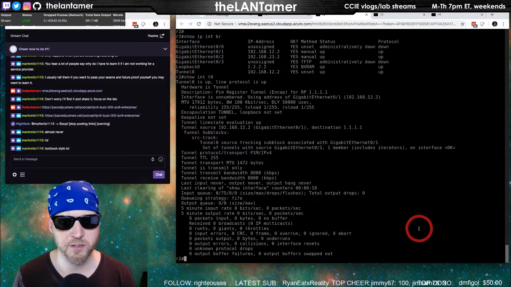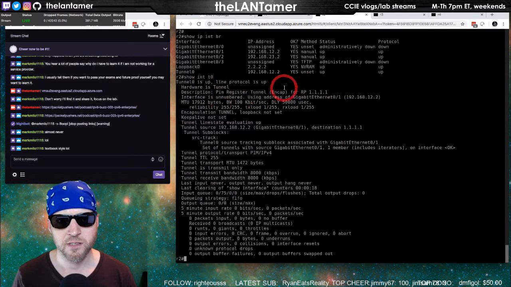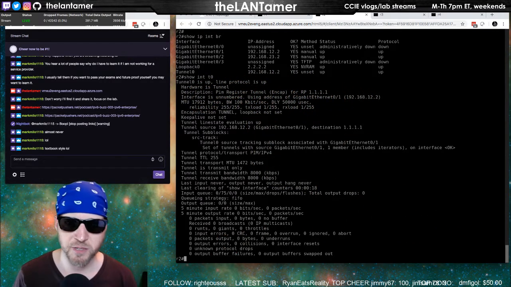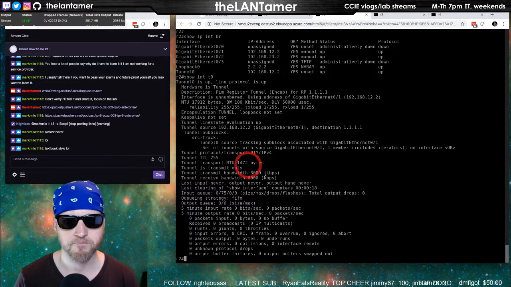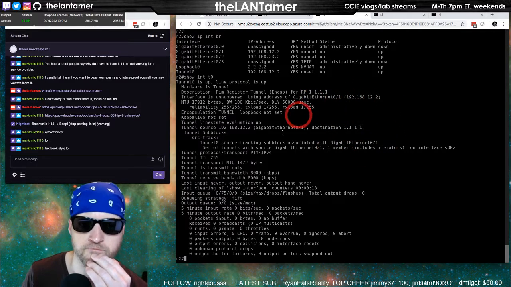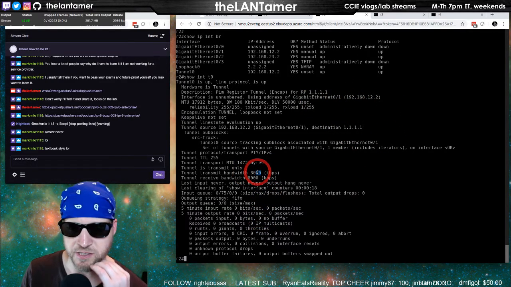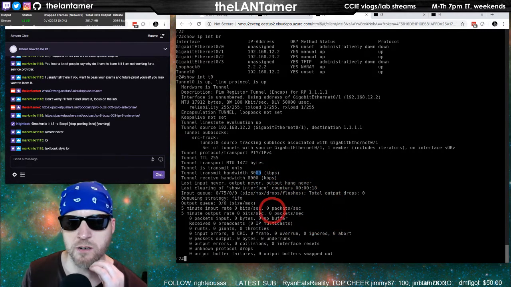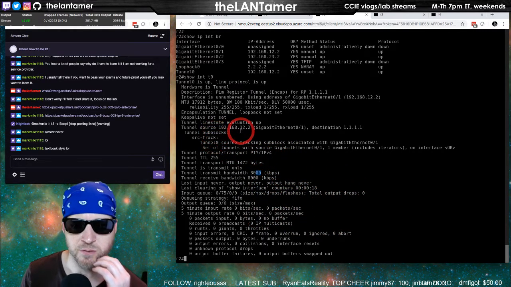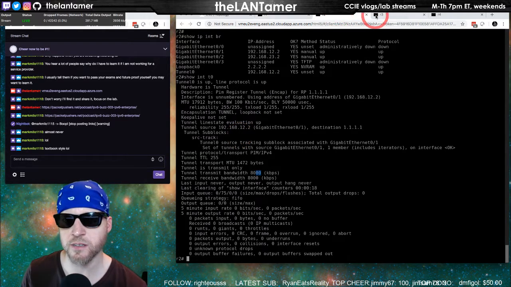When you do a show interface tunnel, it'll actually tell you, hey, this is a PIM register tunnel. It uses the same bandwidth as a standard tunnel interface. Tunnel protocol is PIM, and the transport is IPv4. In other words, we are transporting IPv4 over PIM, which is what we saw in the packet capture before, right?